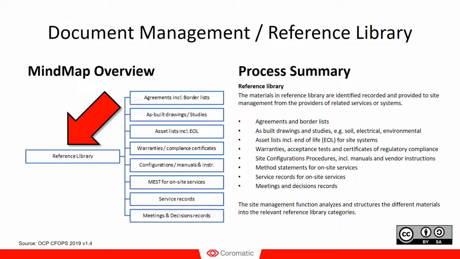But when you do on-site works, you should have method statements that are pre-approved by the site management function or the site owner. That means if it's a specific project, that the method statements may have to be developed for that project. But if you have a recurring, for example, monthly test of the gensets, that is a pre-approved method statement that is kept in the records and can be reused every month if it's the same.